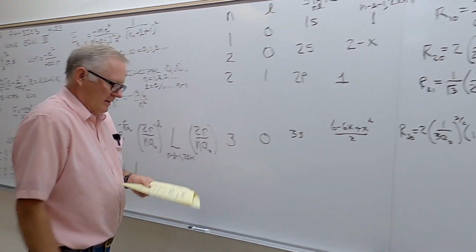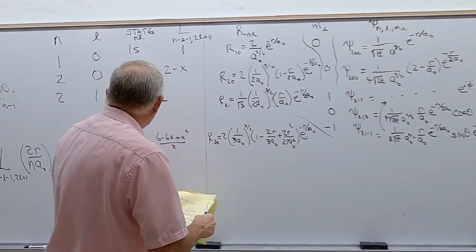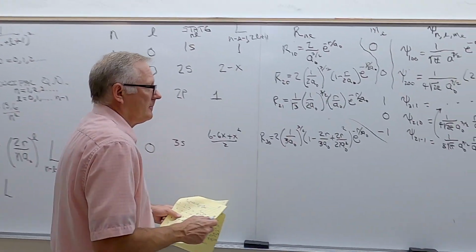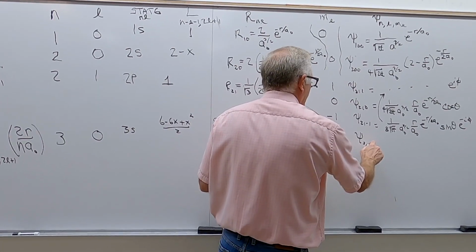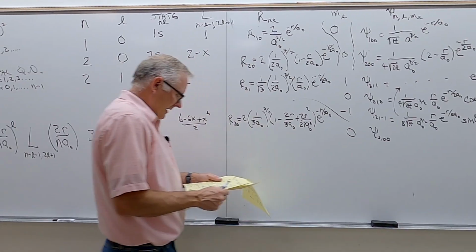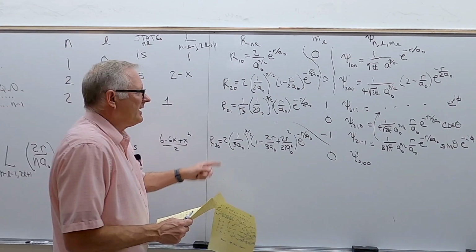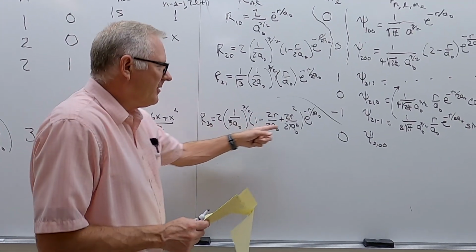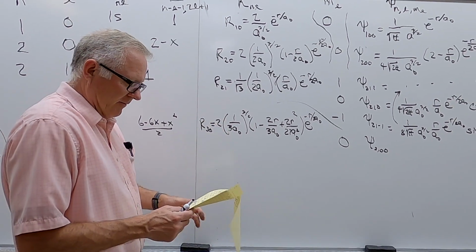Okay, and likewise, on the other side, we would say m sub l can only be 0. So this would have been 0, and then you could say the psi 3, 0, 0. It's looking very similar to this one, except for the constants out in front right here.